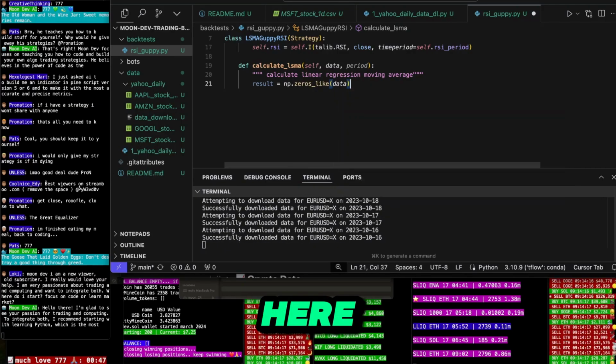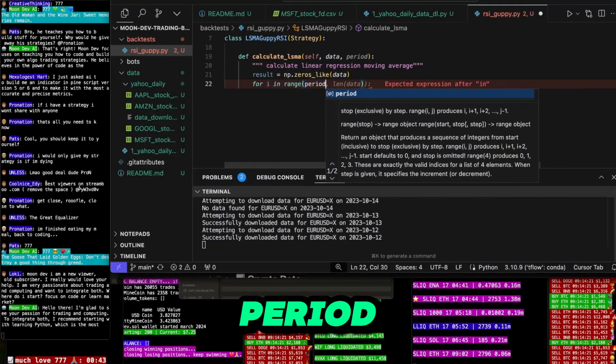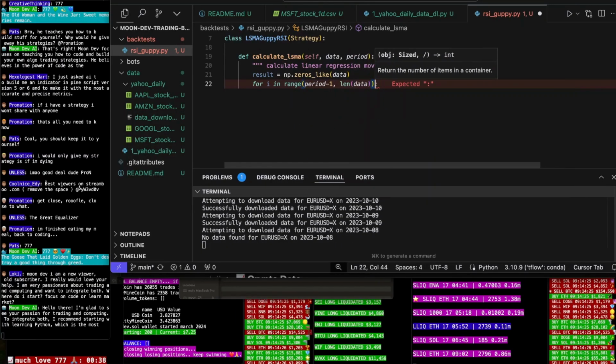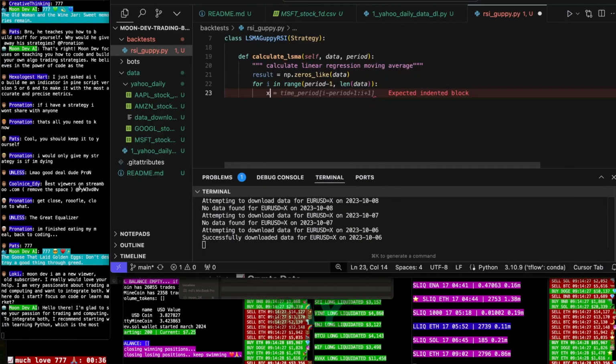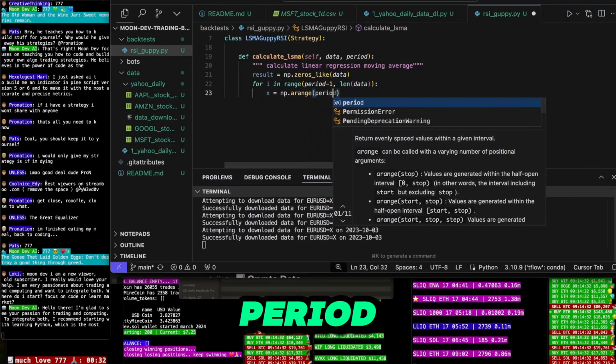Pass in the data here for i in range period minus 1, and then we're going to say length of data. Close it off here and then say X equals np.arange period. Okay.